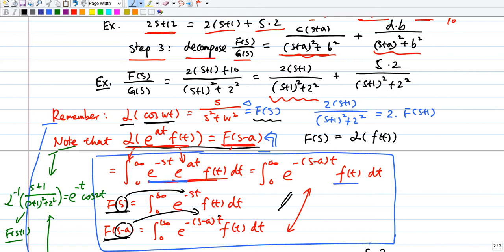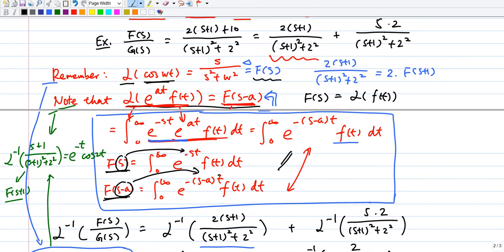All right, now I've shown these two properties, let's see what happens. Let's start with the first one. The inverse Laplace transform of this is just the inverse of two different components. It's straightforward, according to the linearity property of the inverse Laplace transform.